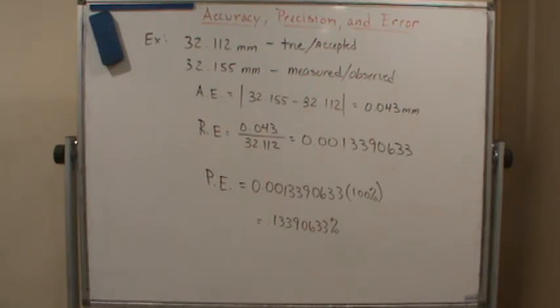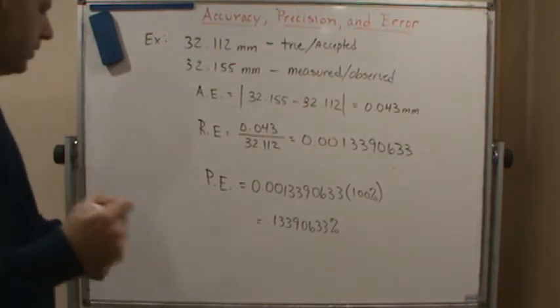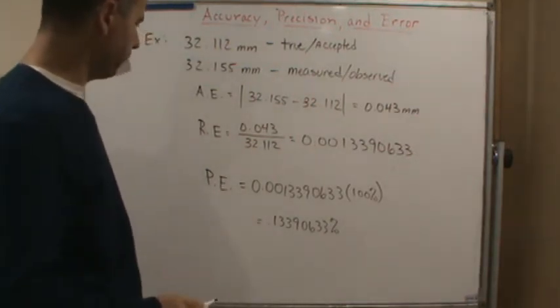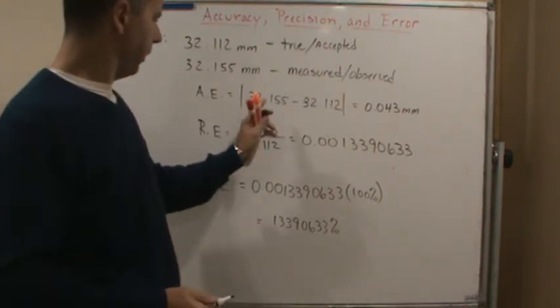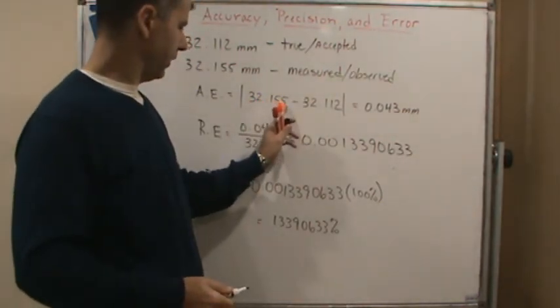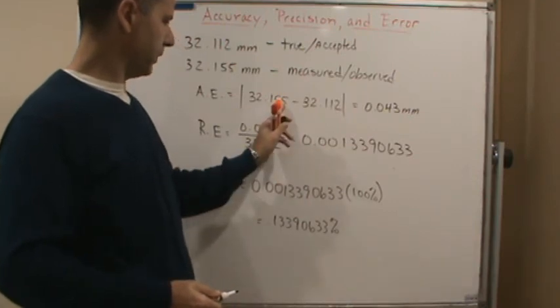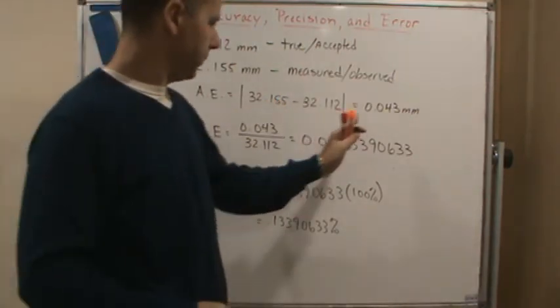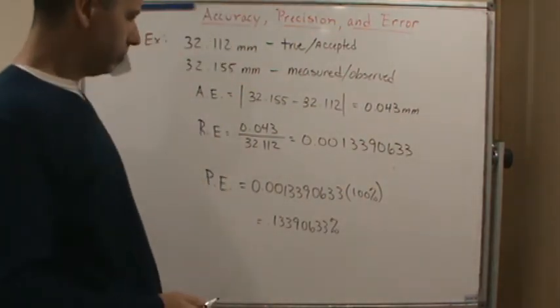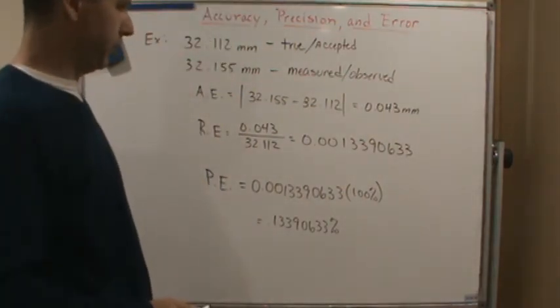Now, as far as the precision here, it is out to the thousandths place. So our precision here is 0.043.